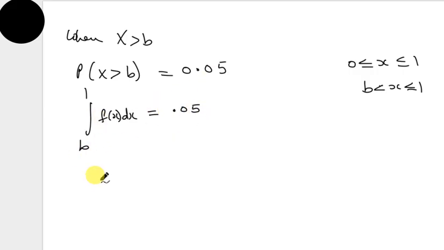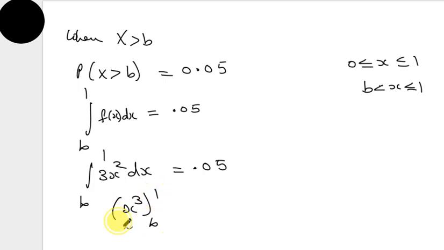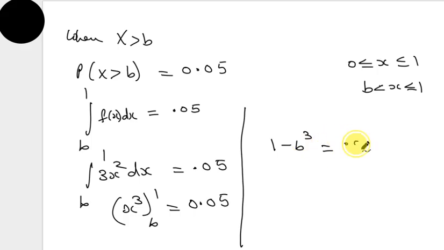So integral b to 1 of 3x squared dx equals 0.05, or x cube between b and 1 is 0.05. Upon simplification, this is 1 minus b cube equals 0.05, and 0.05 can be rewritten as 1 by 20.